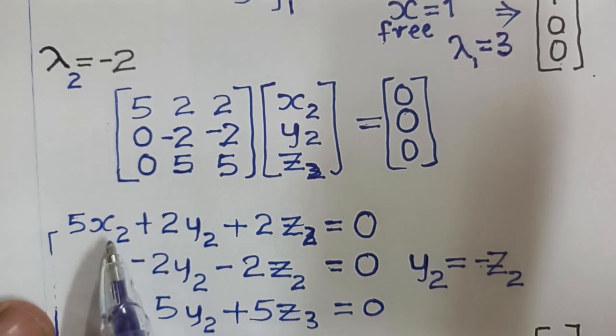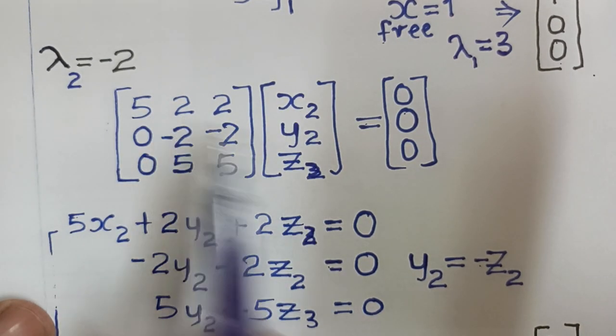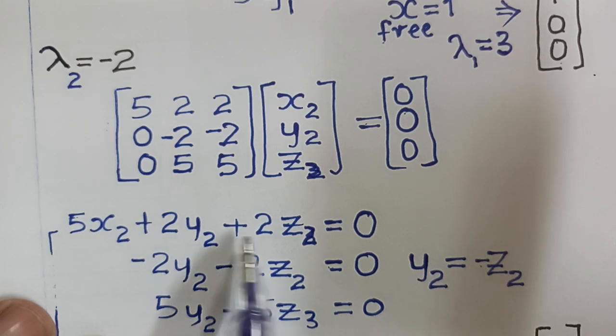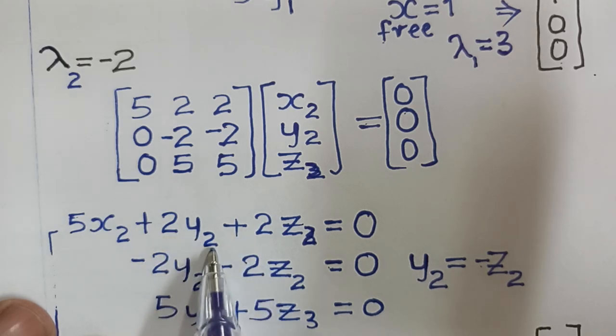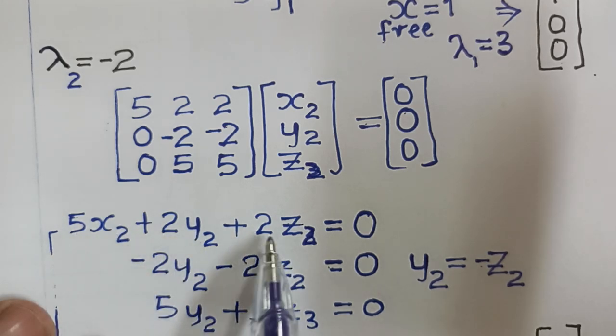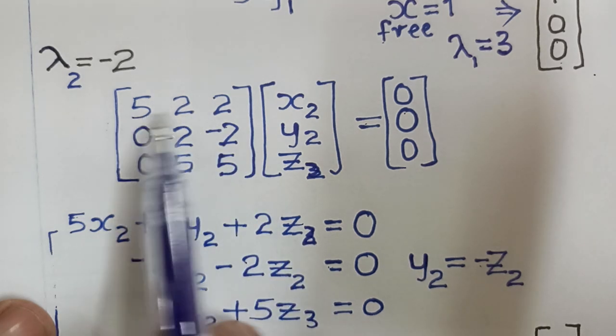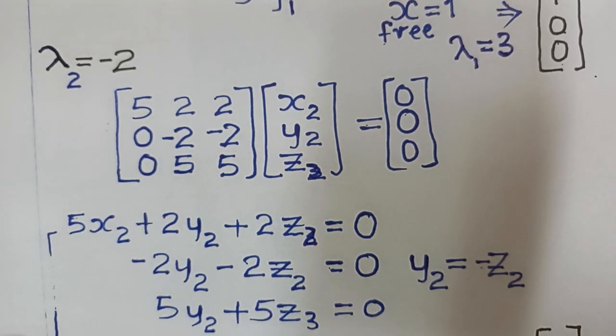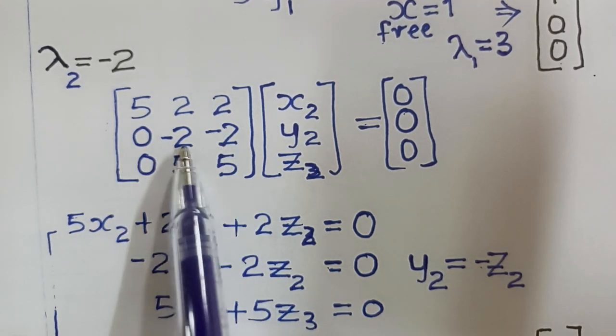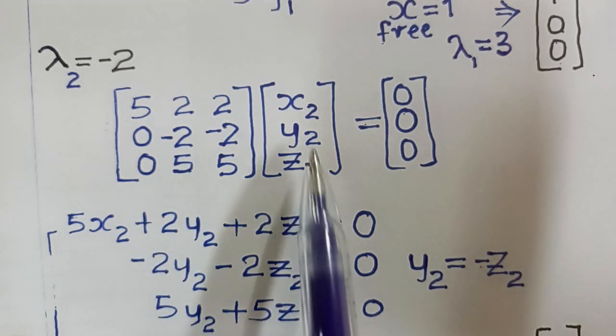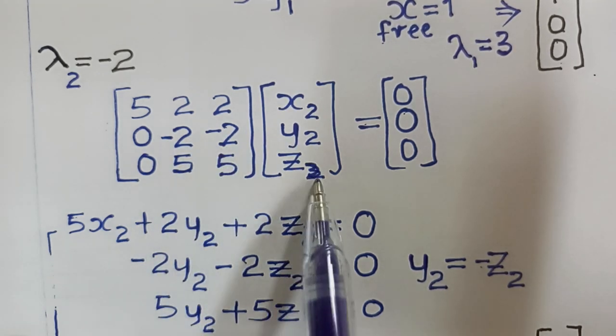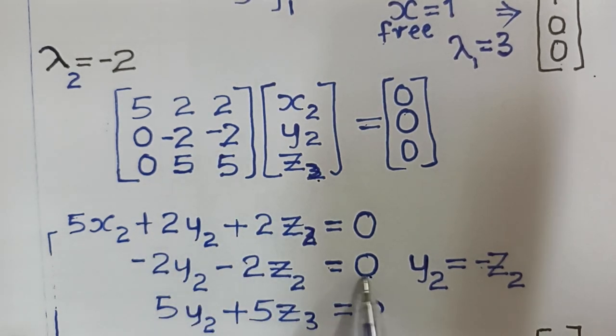We shall have 5x2 plus 2y2 plus 2z2 in the first row, and that gives us 0. Coming to the second row, we shall have negative 2y2 plus negative 2z2, and that's where it is here.